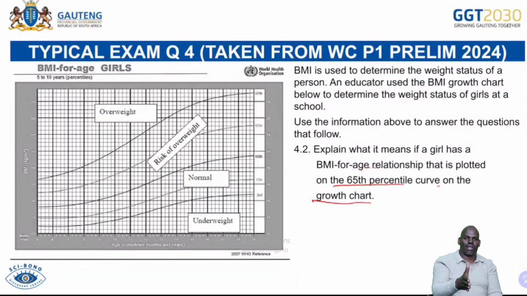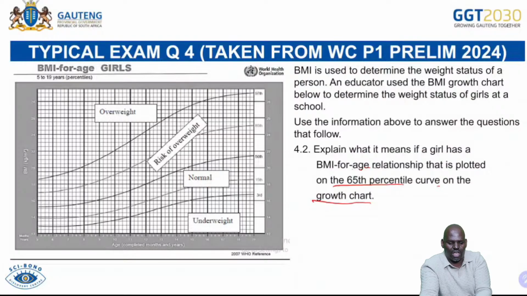We can simply say if you are on the 50th percentile, if you are a median, if you are quartile 2, it simply means half of the class got the same mark as yours or less, or half of the class got the same mark as yours or more. So 50th percentile means 50% of the class got the same mark or less, and 50% of the class got the same mark or more.